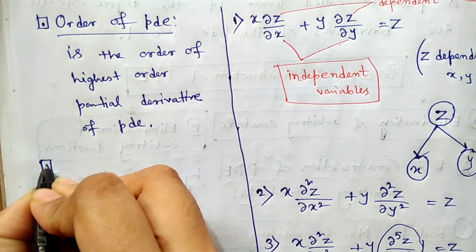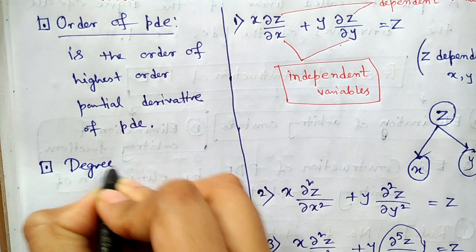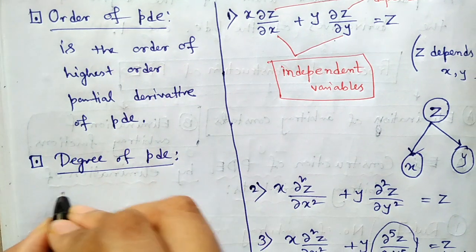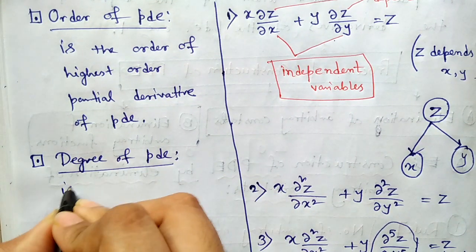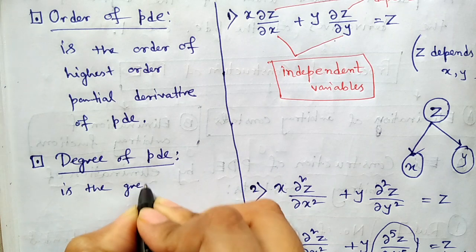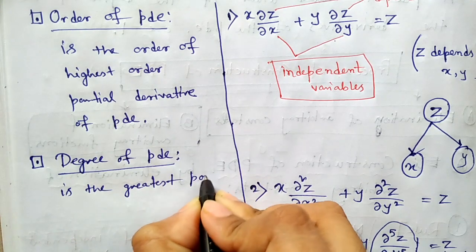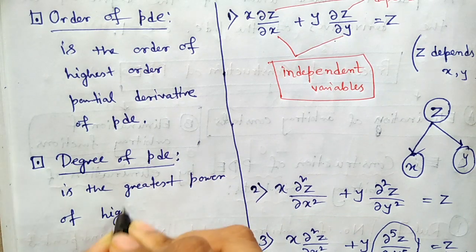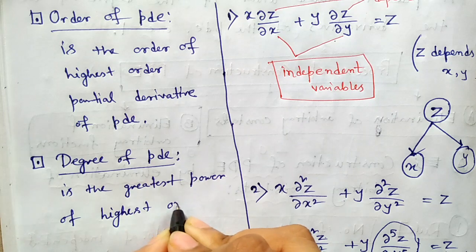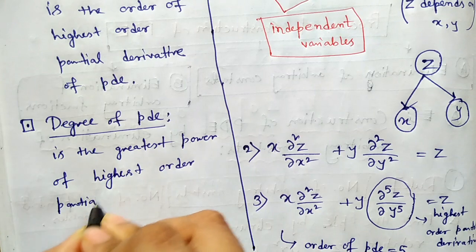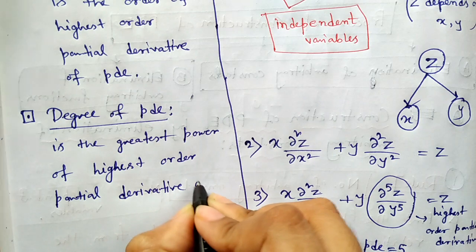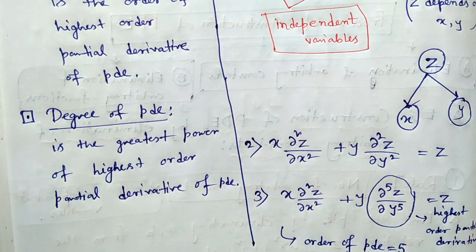Now next, we come to degree of PDE. So degree of PDE is the greatest power of the highest order partial derivative of PDE.